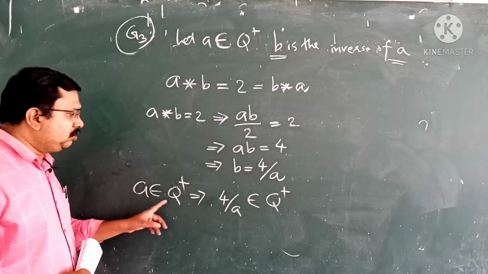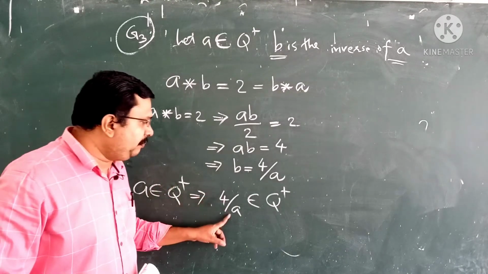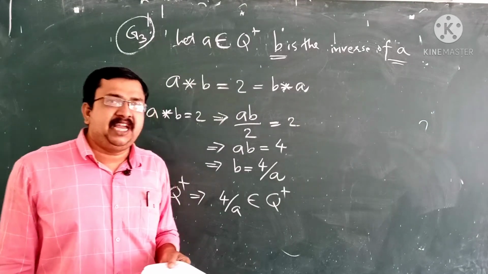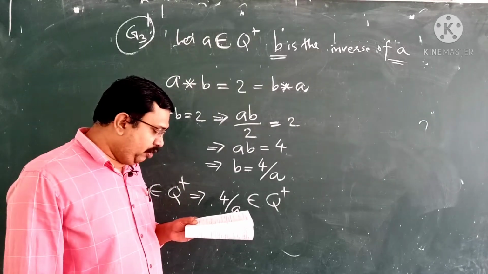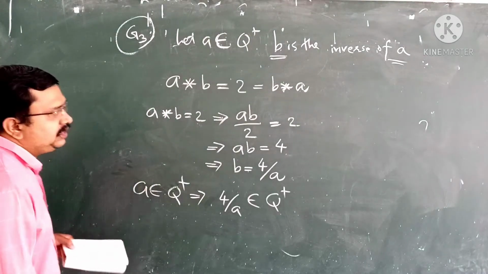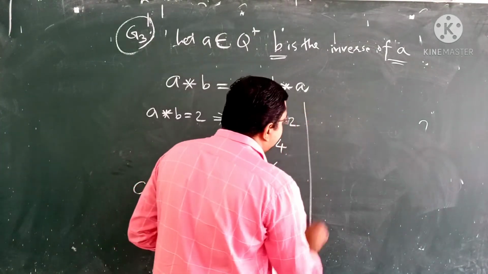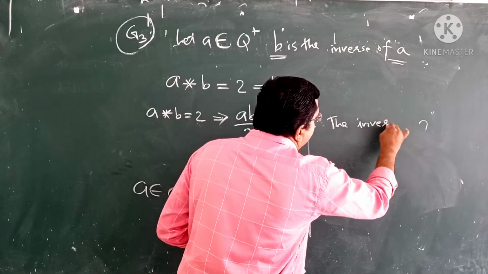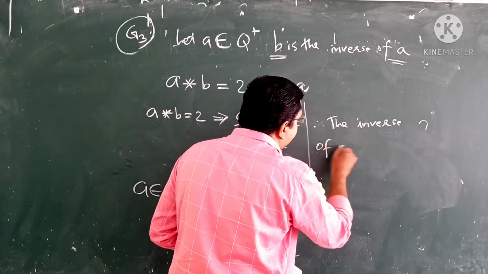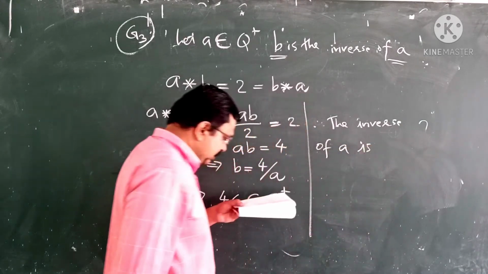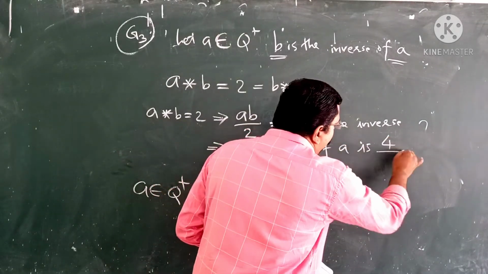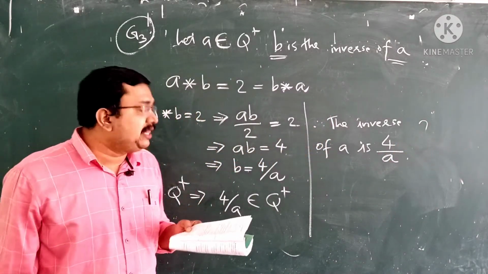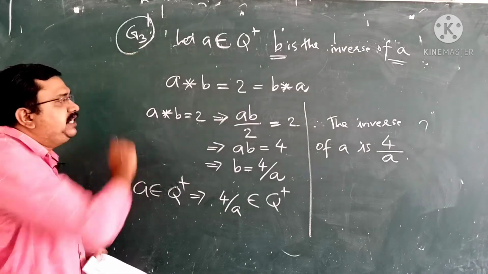Therefore, the inverse of A is 4 by A, which is an element of Q plus. Okay, that is our third axiom G3.